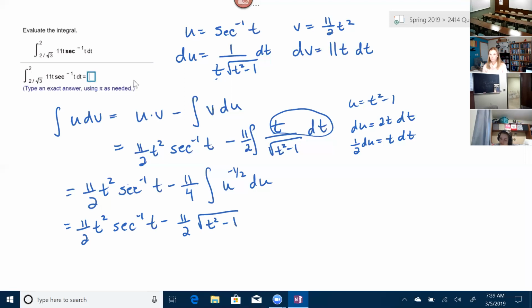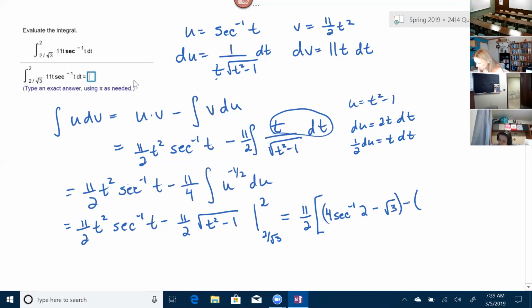Yes. Now we have to evaluate from 2 divided by the square root of 3 to 2, okay? And I'm going to notice that the 11 halves is common to both of those terms, so I'll just worry about the 11 halves at the end. So first I'm going to plug 2 into this, and it's going to be 4 times the inverse secant of 2 minus the square root of 3.